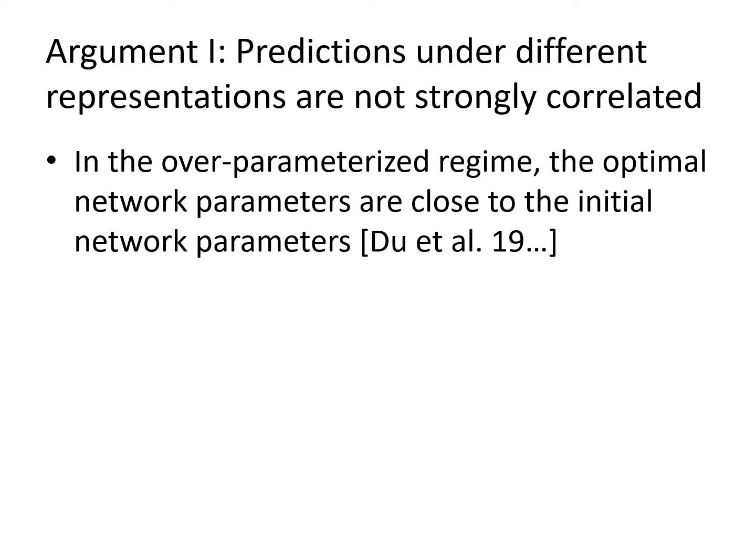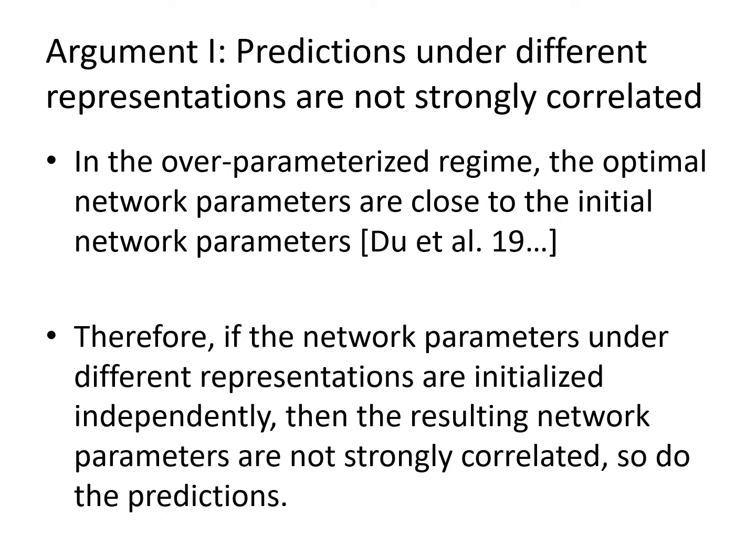Meaning that when you initialize the network parameters randomly, because there are so many parameters, you don't need to change them a lot in order to fit the data and also generalize well. There are many very exciting papers on this topic very recently. So what this means is that the optimal network parameters are close to the initial network parameters.